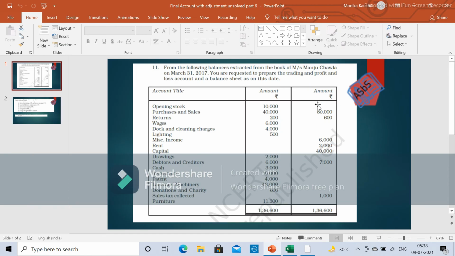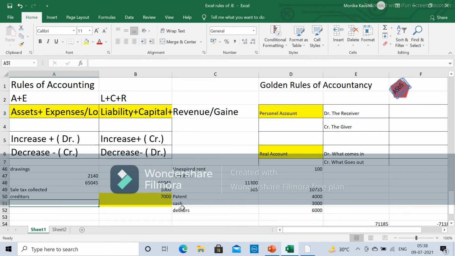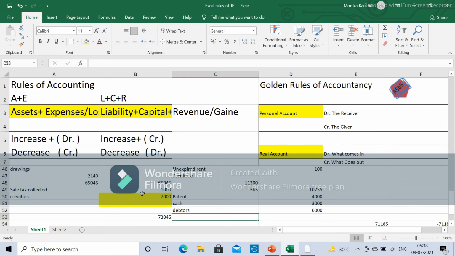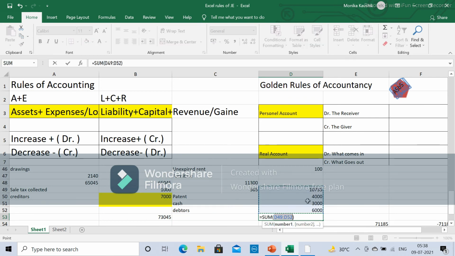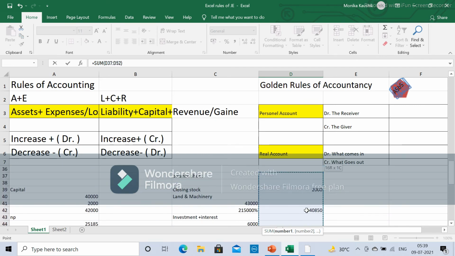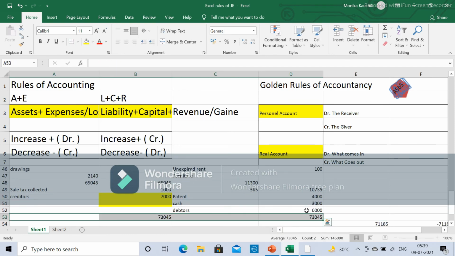Credit one portion will be my liability. Drawings done, capital done, rent done, miscellaneous income done. So everything is done now. Now I am just balancing my balance sheet. So both are matching, my balance sheet is also done.